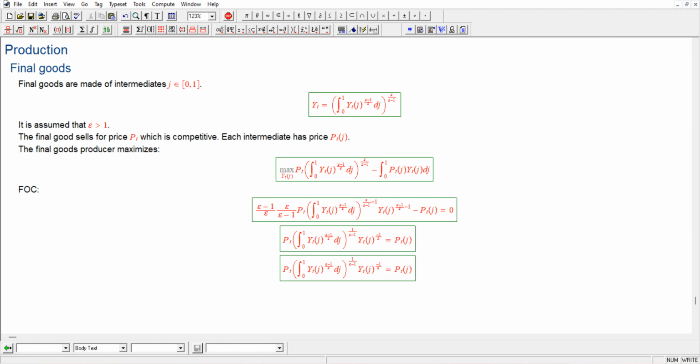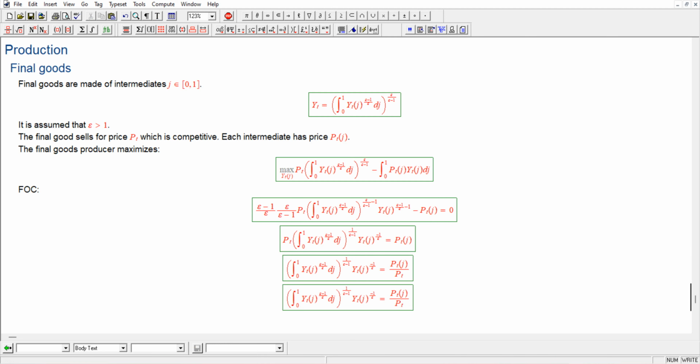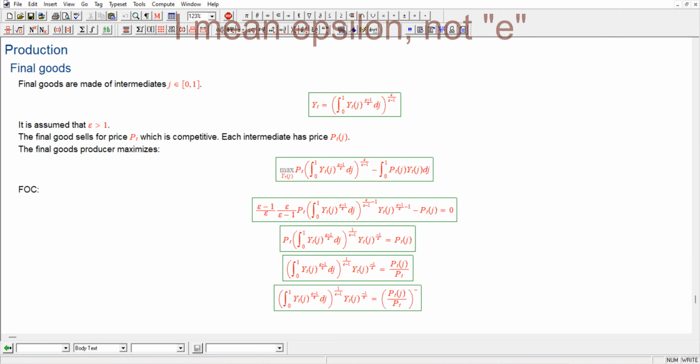Next step, let's divide both sides by P sub t. Great. And let's raise everything to the power of minus epsilon. Why do we want to do that? Well, let's do it.